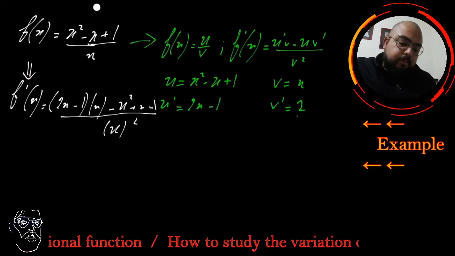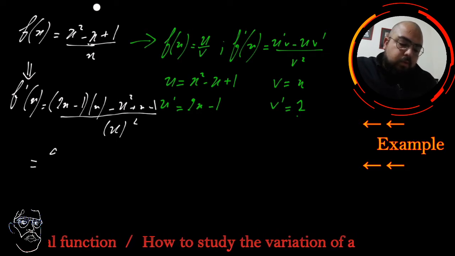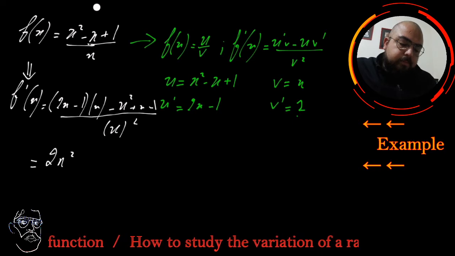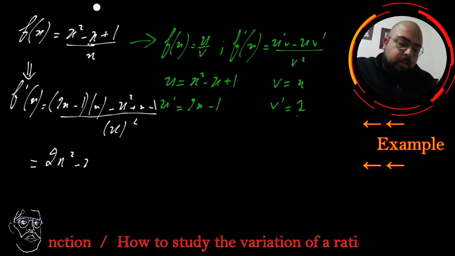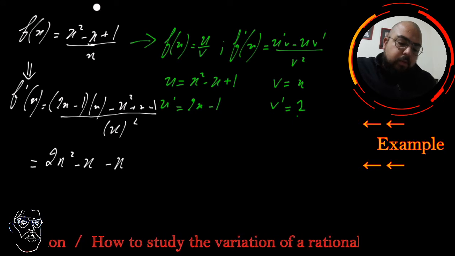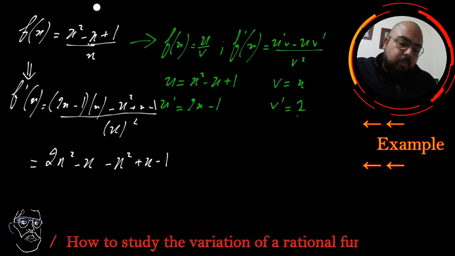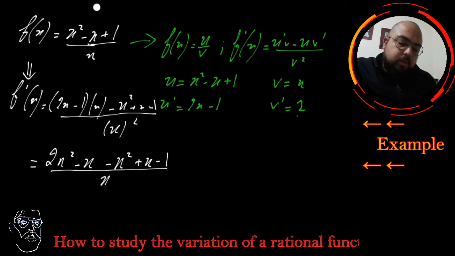So I will have to arrange it. 2x squared minus x minus x squared plus x minus 1 over x squared.